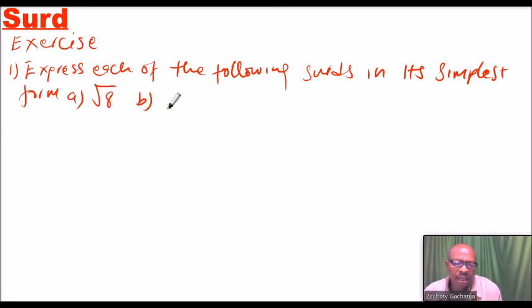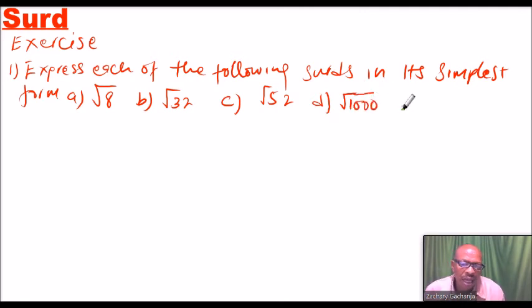We have B, root 32. We have C, root 52. And we have D, which is root 1000. And we have E, where you get the root of 250.